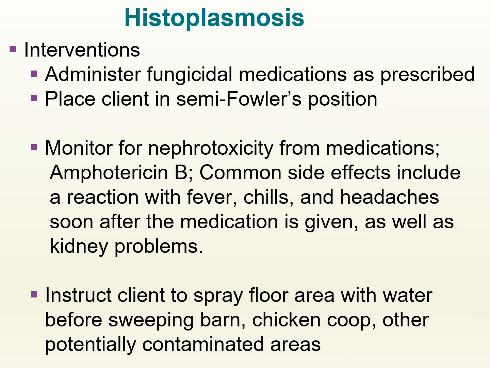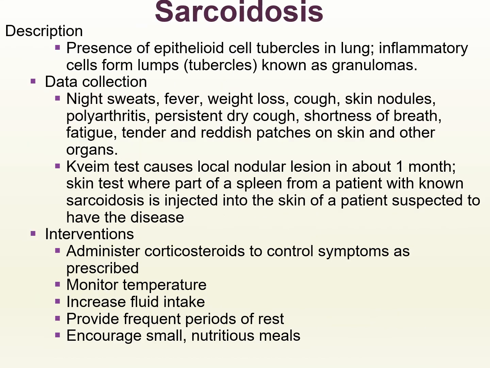The client should spray any areas in the barn, the chicken coop, or someplace else that may be potentially contaminated with the soil with water prior to sweeping. That will reduce the amount of dust particles that they inhale.